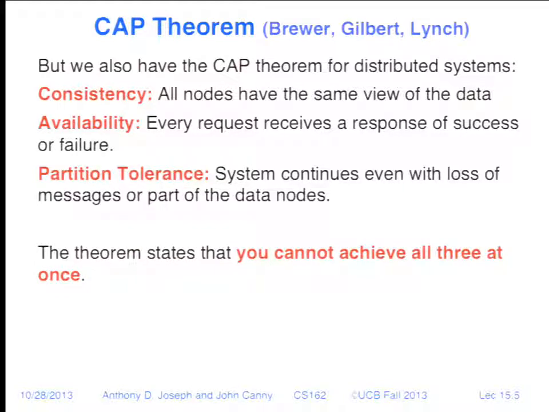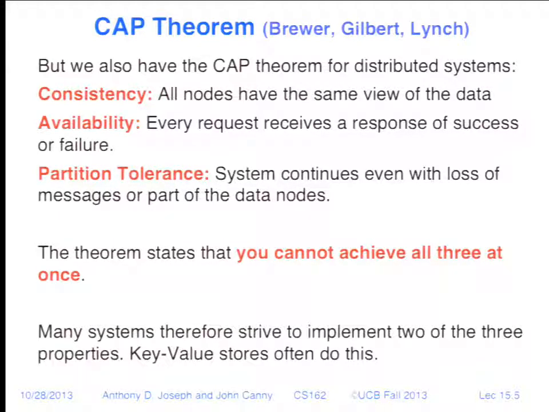The conflict between these three things was originally defined by Eric Brewer in about 2000, and then a couple of years later a theorem was proved by some people at MIT that basically this is true under somewhat particular assumptions, but basically you can't achieve all three of those at once. So that was Eric's original conjecture, and in fact it's true under certain assumptions.